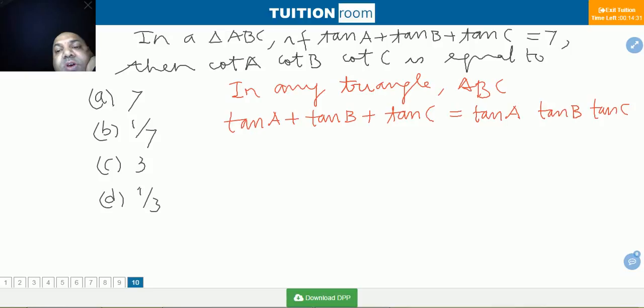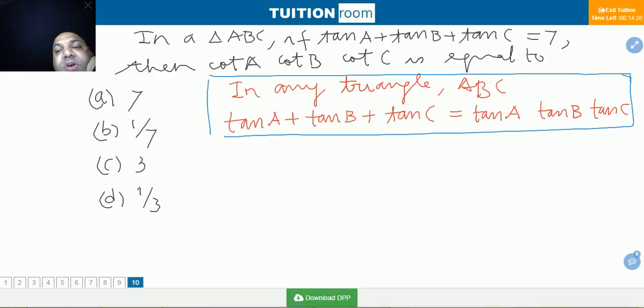In any triangle, you are required to mug up the result. Tan A plus tan B plus tan C will always be equal to tan A into tan B into tan C. How? See it.